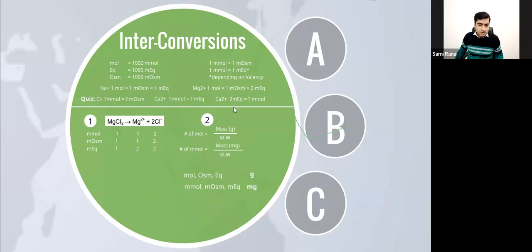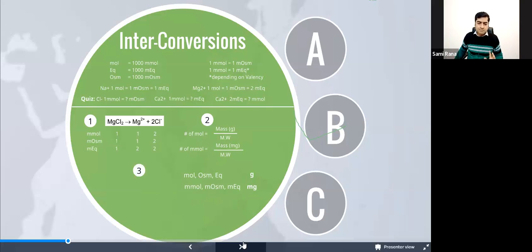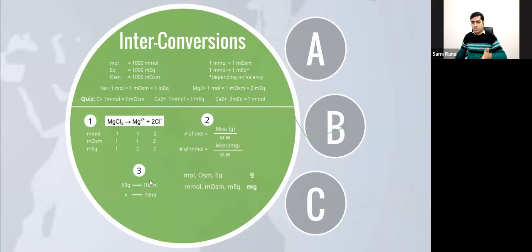So this is the second concept, with the formula and the level of playing, at which level of unit you are playing. The third concept is simple: cross multiplication. This is not cross multiplication related to this topic, milliosmole, milliequivalent. This is general cross multiplication. We all know how cross multiplication works.